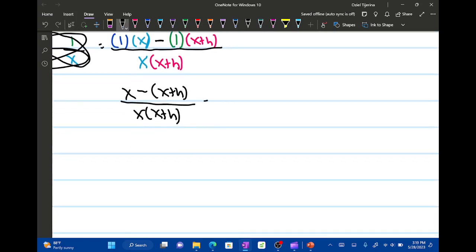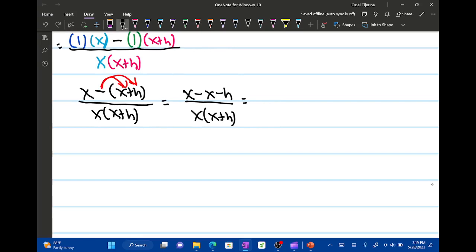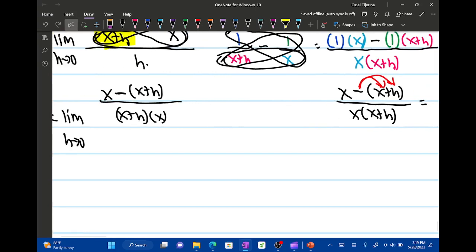Then we distribute our negative, so it'll be x minus x minus h all over x times x plus h. Obviously the x terms cancel out, so it's negative h over x times x plus h. And we're going to put that in for the top.